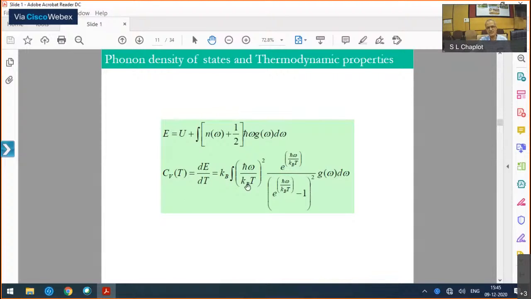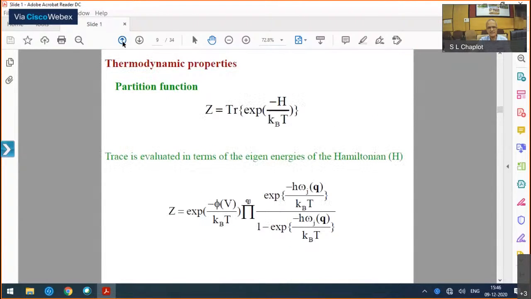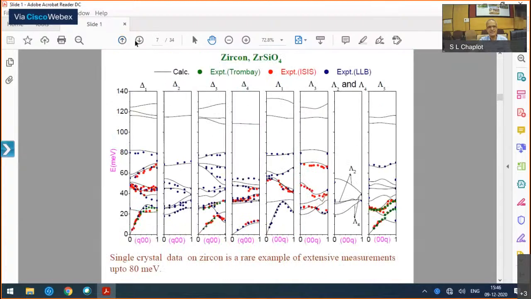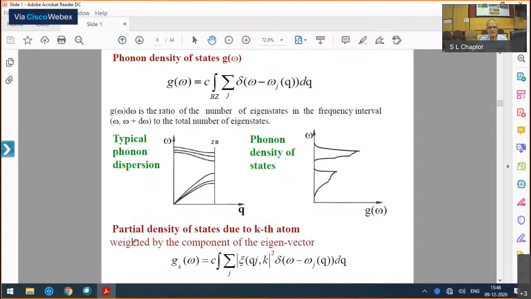So it comes in an expression like this. Now, just one little thing here. You have all heard of, for example, the Debye model of lattice vibrations. The Debye model essentially assumes that omega is linearly proportional to q.